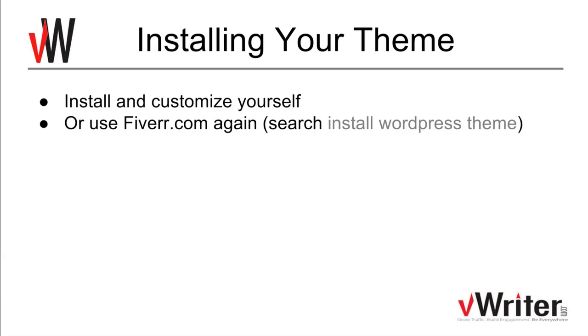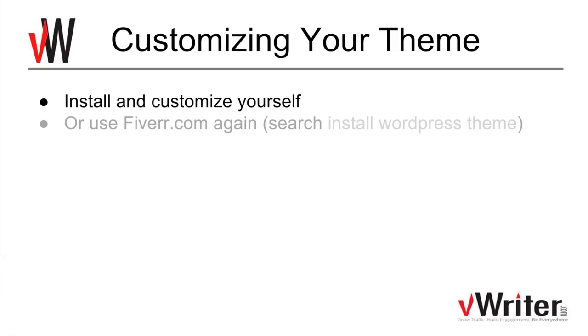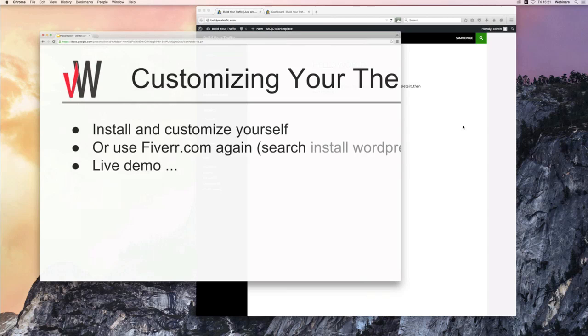In terms of customizing your own theme, I was going to run through this again. So live demo. We're going to move to the live demo now. I'm going to switch out from this screen and switch to the blog, the sample blog I've set up for this. So let me just hide that so it's slightly larger for you on your screens.